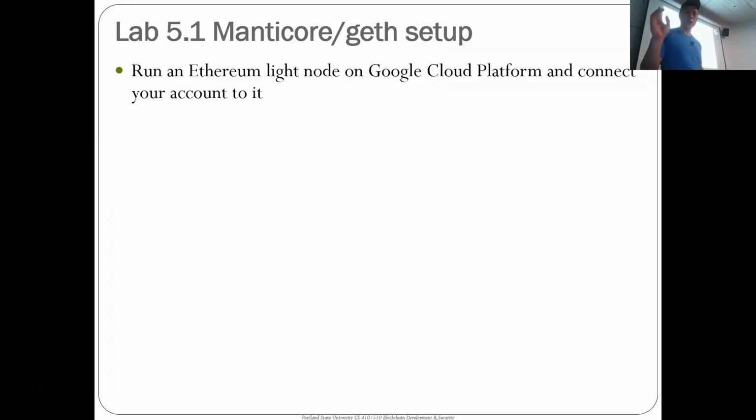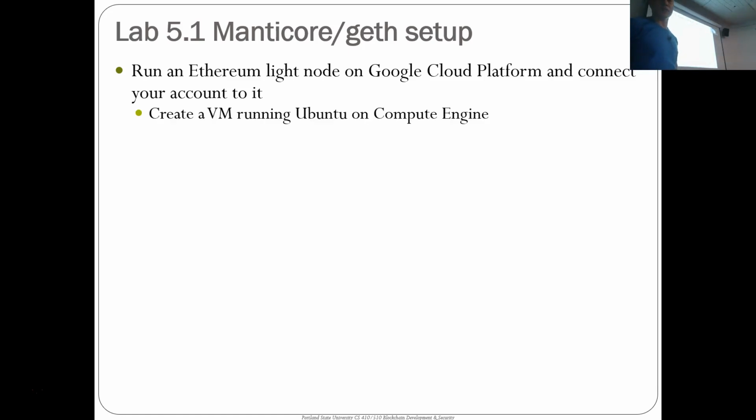The first thing is that this assumes that you have done 5.1. 5.1 has you bring up an Ethereum Light node on Google Cloud and then connect up your wallet to it, because all of the transactions into your CTF have to be done with your wallet address. So you have to export your wallet keys from MetaMask and then import them into the Geth Light node running on a Google Cloud Platform VM.